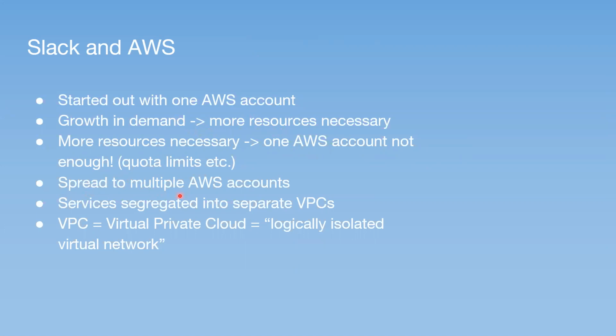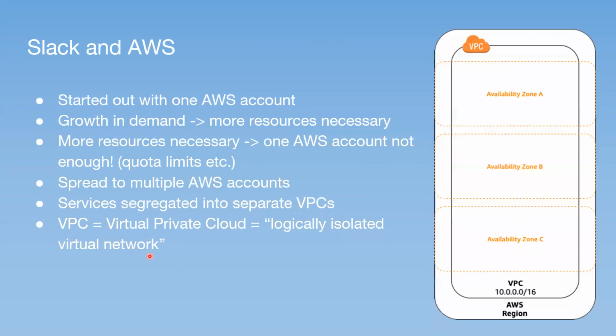And what they also decided to do, which is interesting, is they took their services and segregated them into separate VPCs. Now, a VPC in AWS is a virtual private cloud. The way they define it is a logically isolated virtual network. So what does that mean in practical terms? When you go onto AWS for the first time, you have an AWS account, and you can access all the different AWS regions where you might want to start a server.